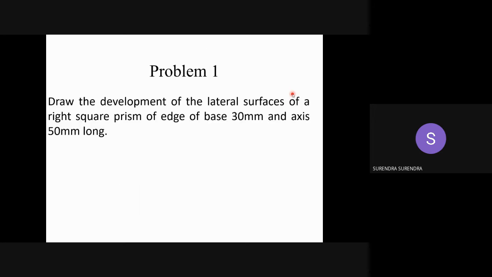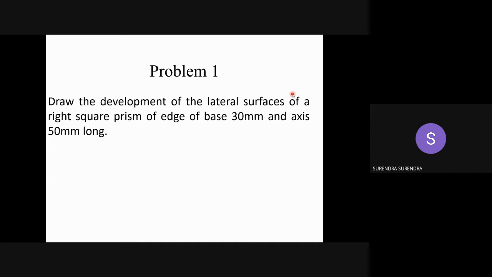Now let us move on to a problem. Write down this problem. Draw the development of lateral surfaces of a right square prism of edge of base 30 mm and axis length 50 mm. I'm giving you 2 minutes. Try to draw the prism in the initial basic position.